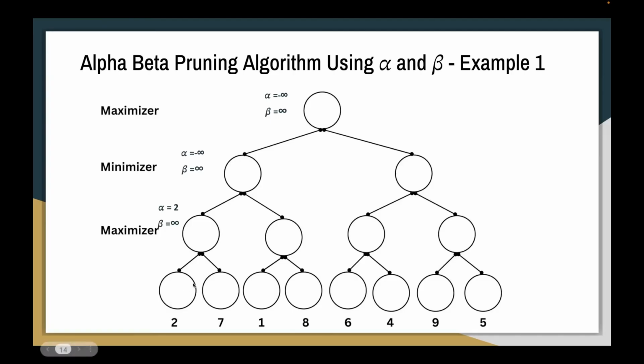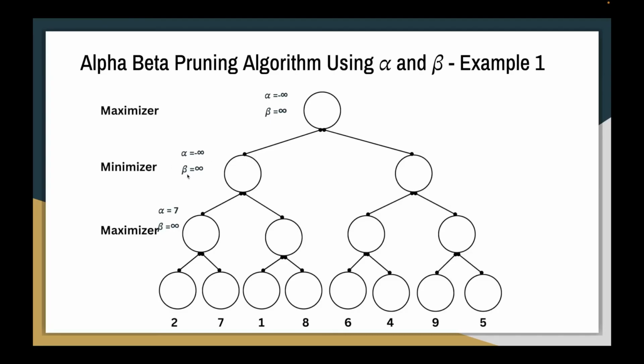After evaluating this node, it will go to the next node, 7. Now it will compare 7 with 2. 7 is the highest, so the maximizer changes the alpha value to 7. Now there are no other leaf nodes, so the maximizer passes these values to the minimizer.